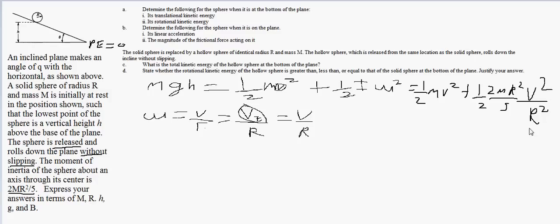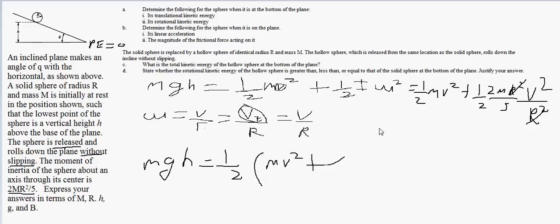The r squared cancels, so we can eliminate this and this, and we are left with mgh equal, we can factor out the 1/2 mv squared, plus mv squared over 5.